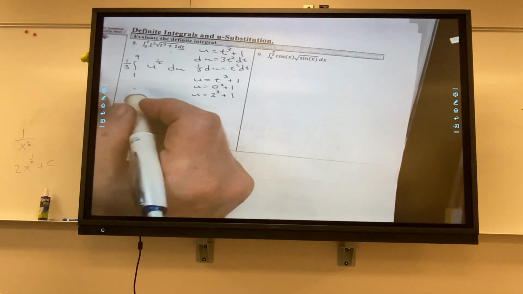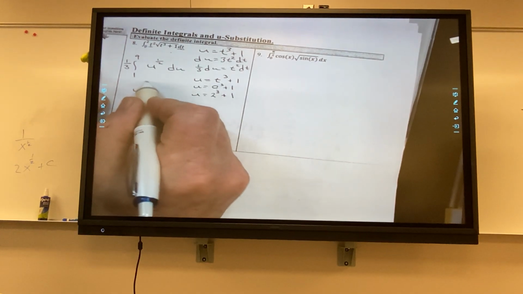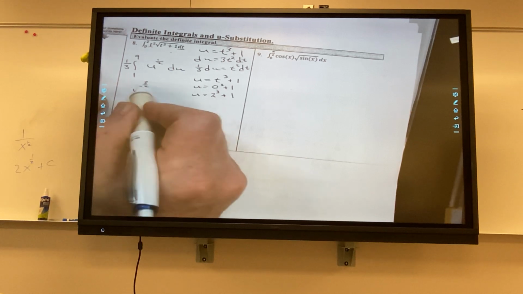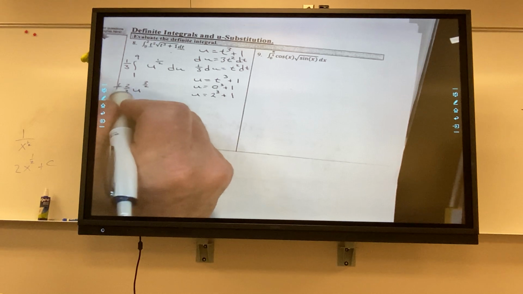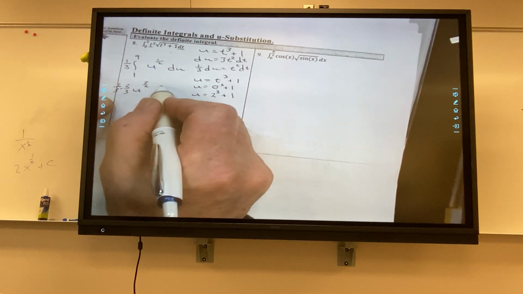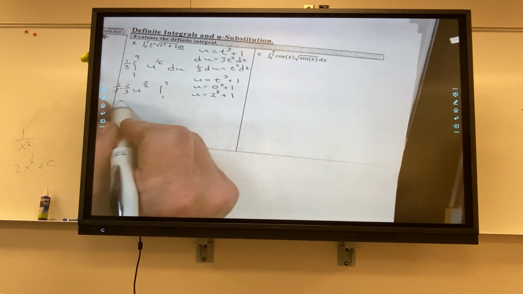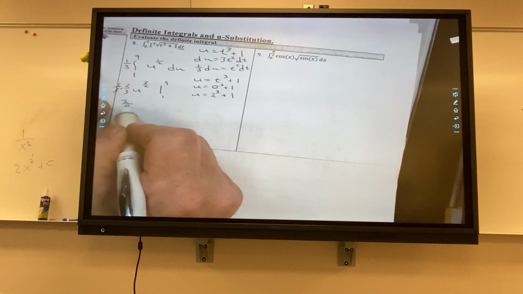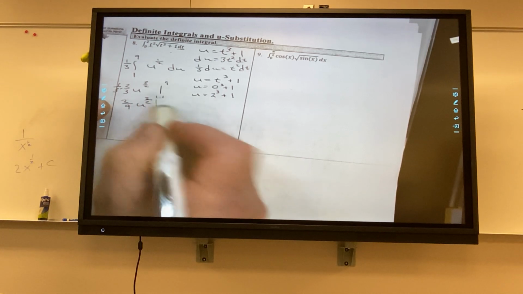And so now I'm going to figure out the antiderivative. I'm going to have u to the 3/2, I'm going to have 2/3 here. I already got this 1/3 here. It's a definite integral, so I don't need any c. I'm going to write a 1 and a 9 here. And so now I have 2/9 u to the 3/2 evaluated from 1 to 9.